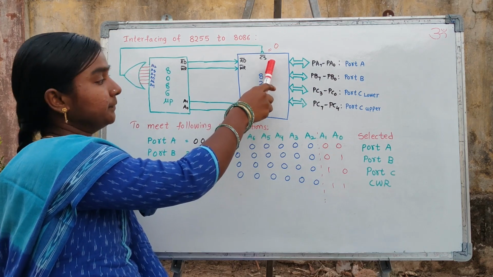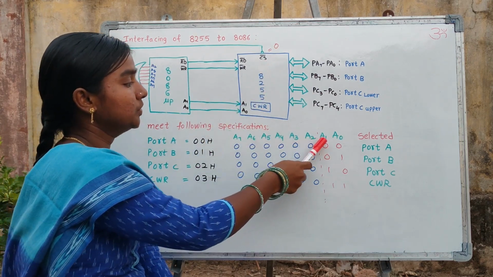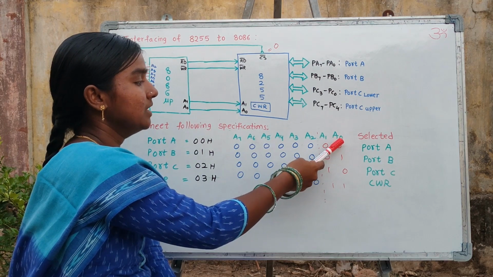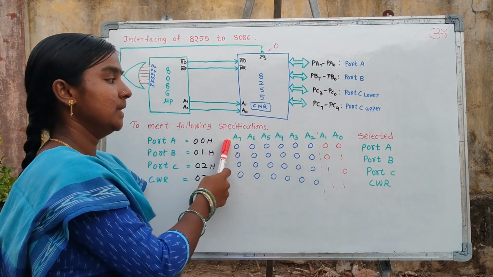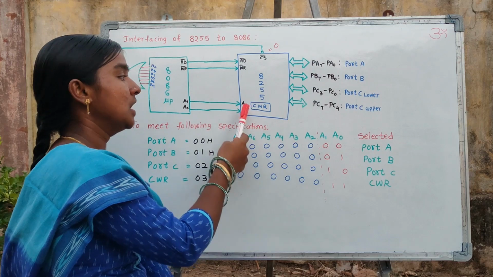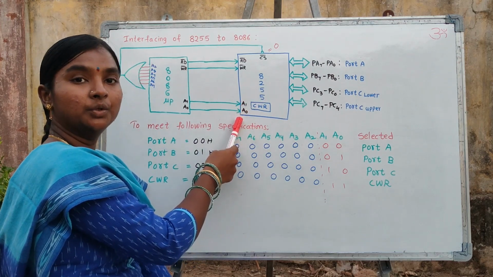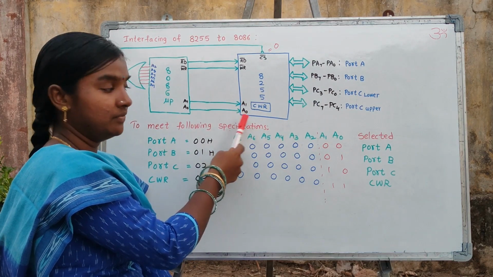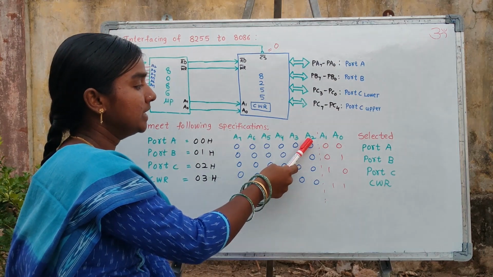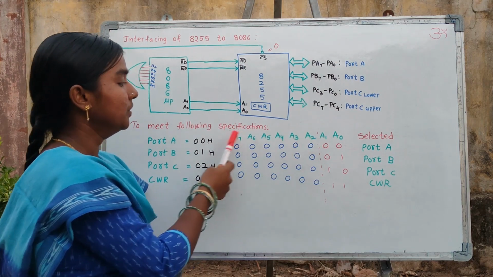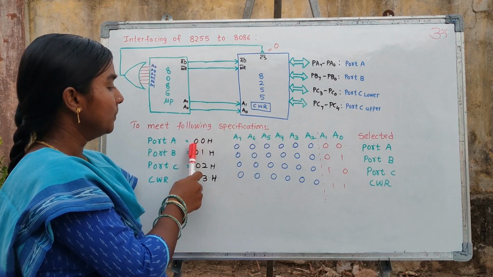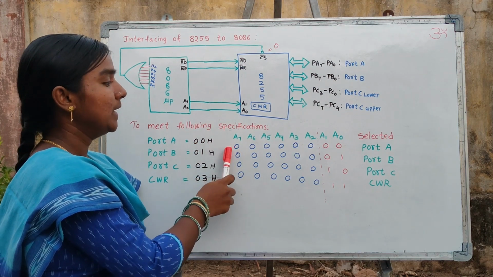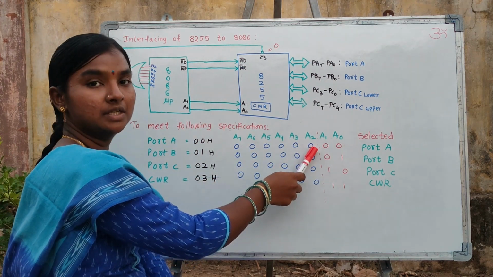For that, we use the 8-bit address lines from A0 to A7. A0 and A1 are already connected to the 8255, and from A2 to A7, to meet these address locations, we have to consider all bits as zeros.